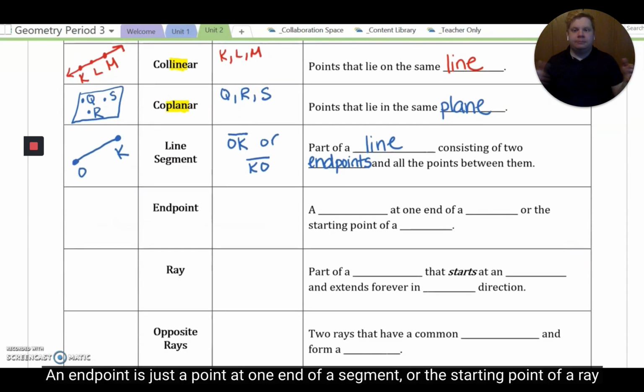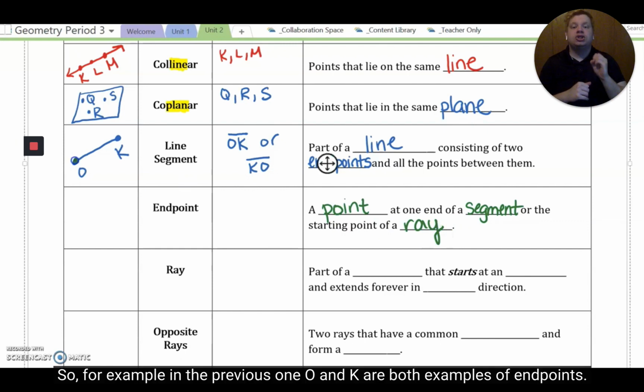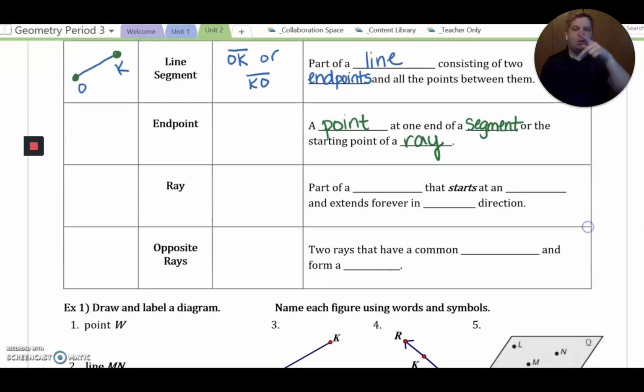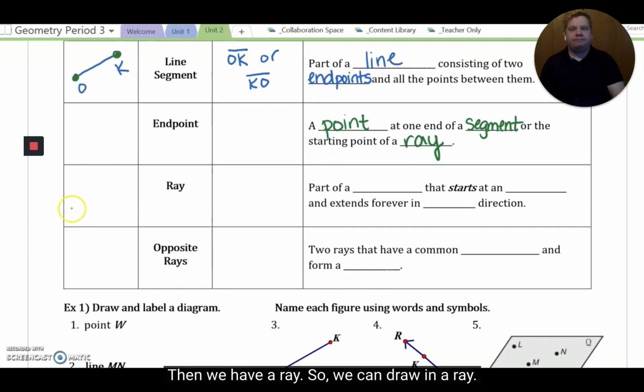An endpoint is just a point at one end of a segment or the starting point of a ray. So, for example, in the previous one, O and K are both examples of endpoints. Then we have a ray, so we can draw a ray.